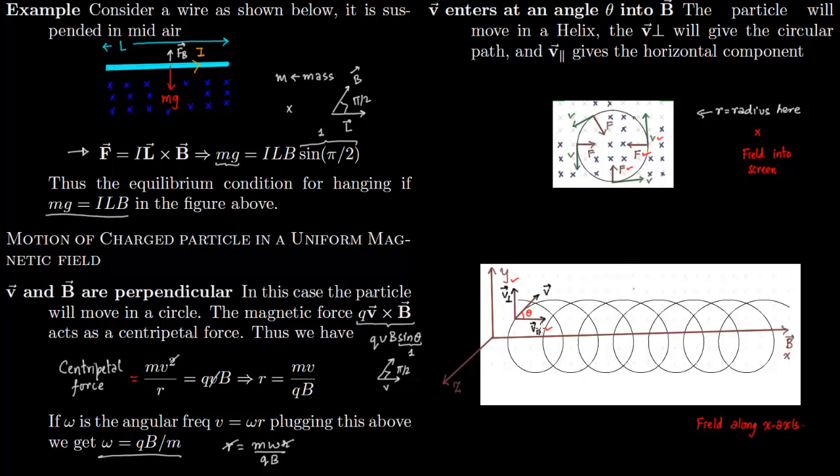The velocity parallel to the magnetic field moves it forward. So if a particle enters the magnetic field at an angle theta, it will move in a helix. If the particle enters perpendicular to the magnetic field, then the particle moves in a circle.